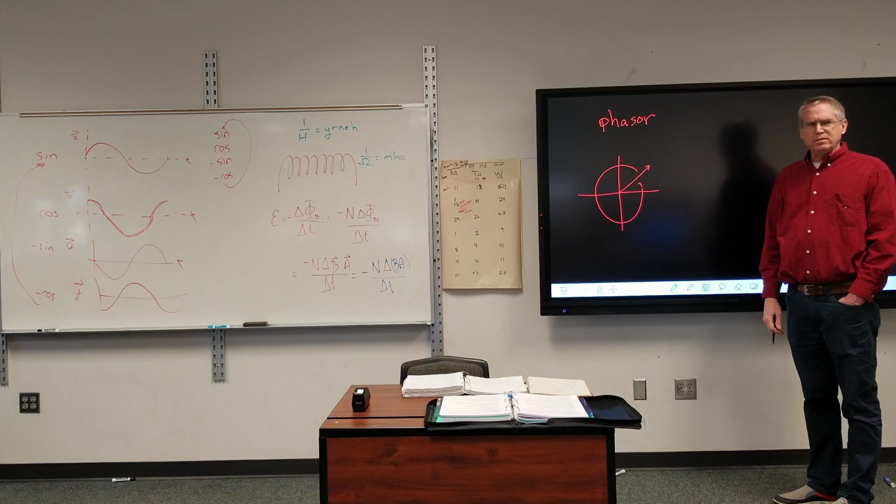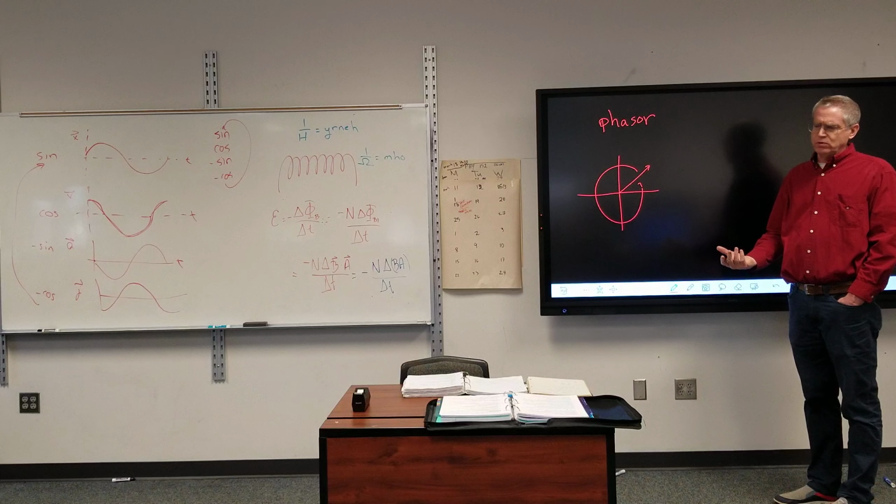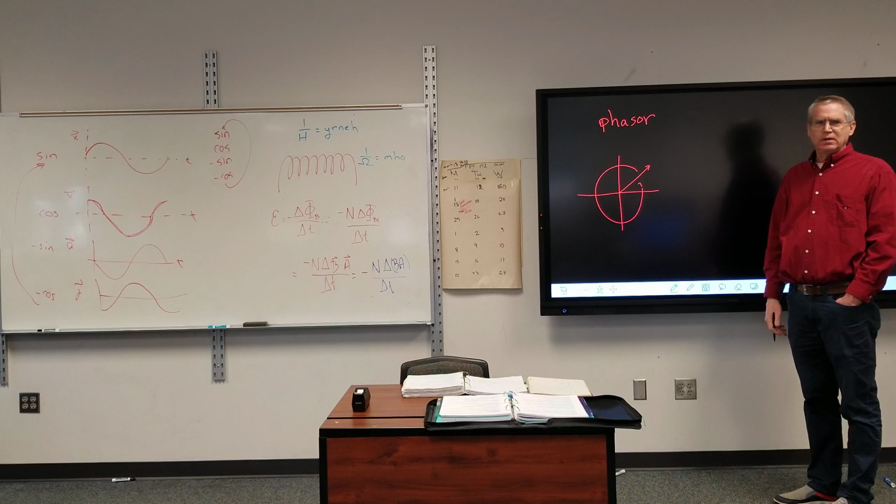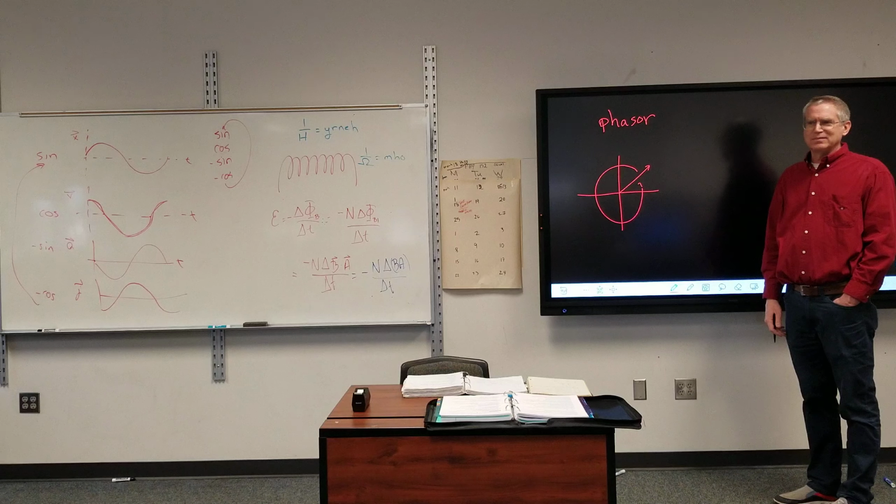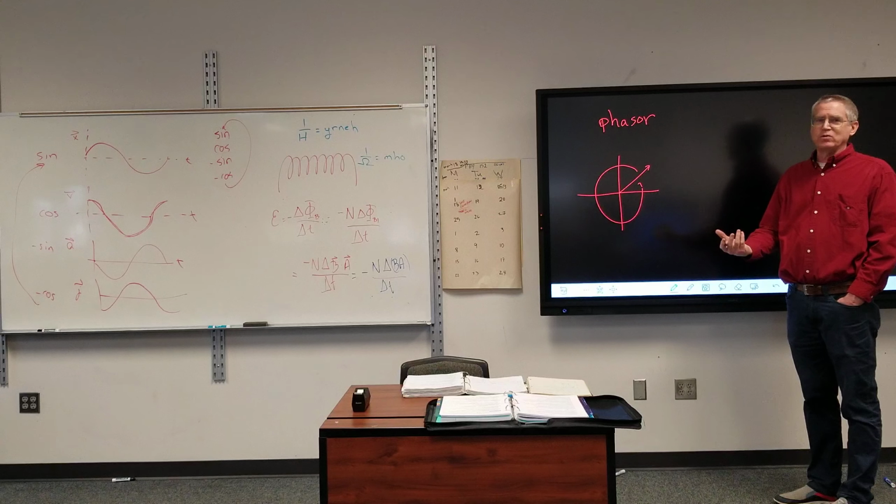As an arrow spins, how would you describe its motion? What words would you use to describe its motion as it spins? Rotational. Okay, rotational what? Clockwise or counterclockwise? Okay, I'm looking for the measurable quantities.